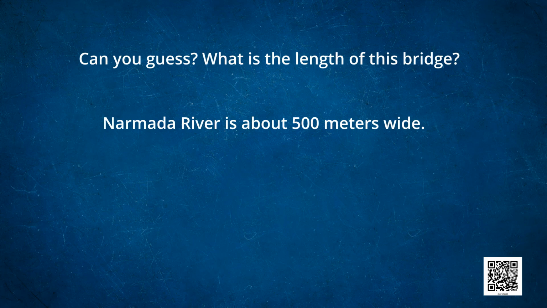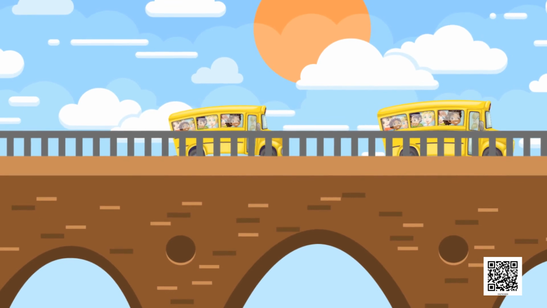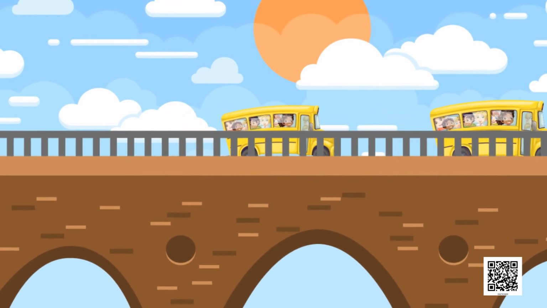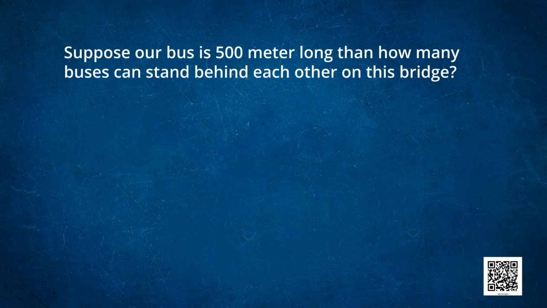One student said, "I can't guess how long is 500 meter." Then Asha ma'am said, "Suppose our bus is 5 meter long, then how many buses can stand behind each other on this bridge?"